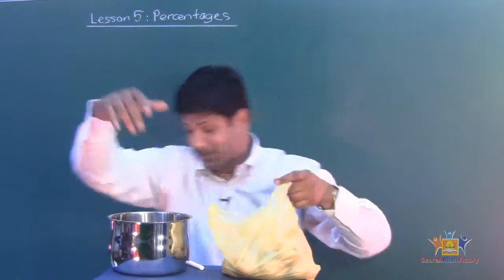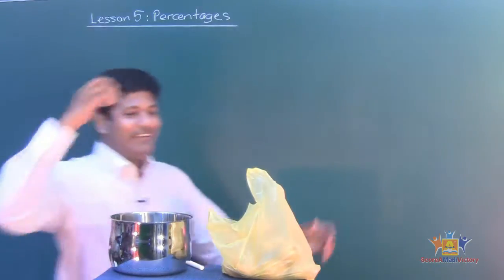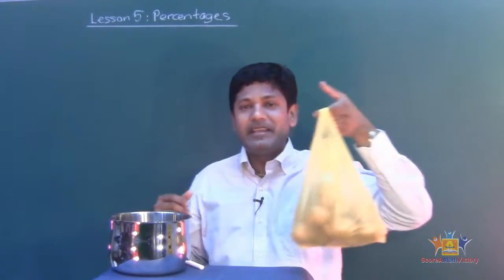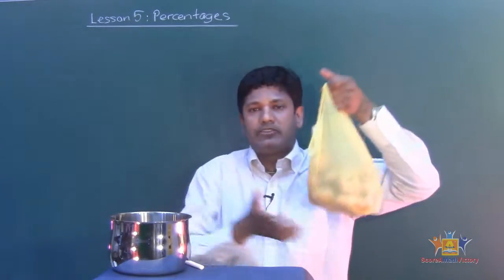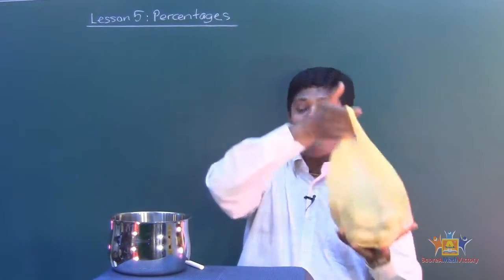Oh, Mr. Mac dropped that one. Okay, there it is. We got 16 potatoes. So that makes how many percent? 100%. So Mr. Mac got 100% of potatoes, which makes 16 potatoes.